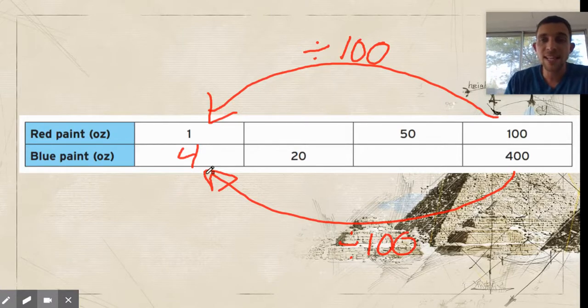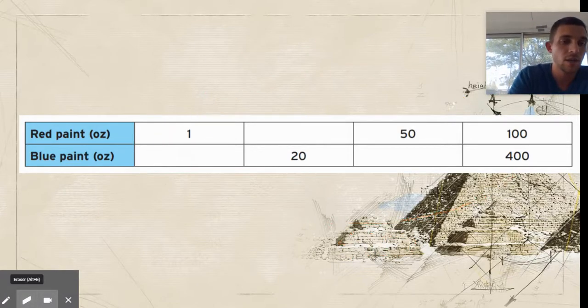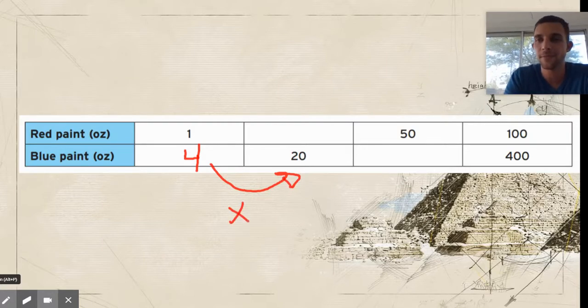From here, let's scale up. Now that I have my unit rate, which has a 1 in it, it becomes a lot easier. So we know that this is 4. So let's scale up. 4 times what gives me 20? Well, I know that 4 times 5 is 20.